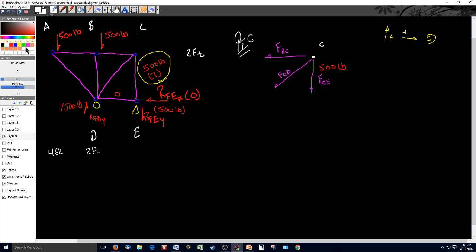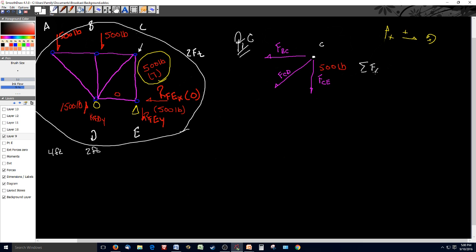So remember the premise. If the overall body isn't moving, so this entire truss is not moving at all, so it's not moving back and forth, up or down, or rotating, this point cannot move either. Point C cannot move. So by saying it's not moving, we can say the sum of the forces in the x direction has to equal 0, and the sum of the forces in the y direction has to equal 0.